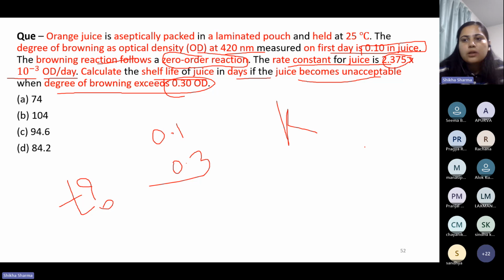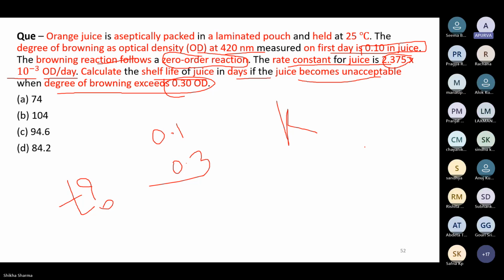So what is a zero order reaction? Please, anyone? This is a very basic chemistry question. We have zero order, first order, second order, right?